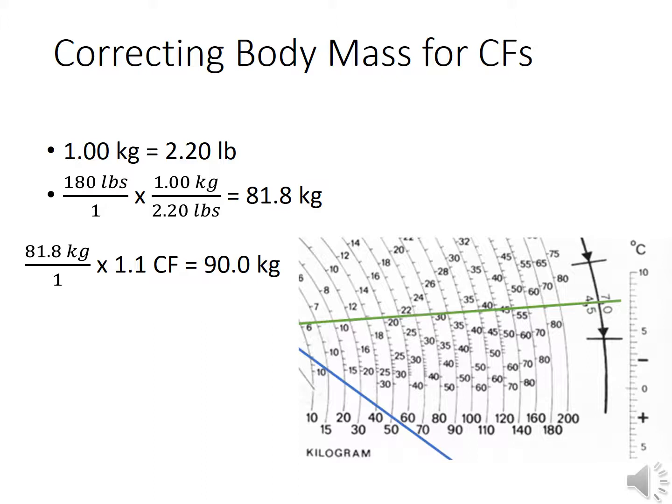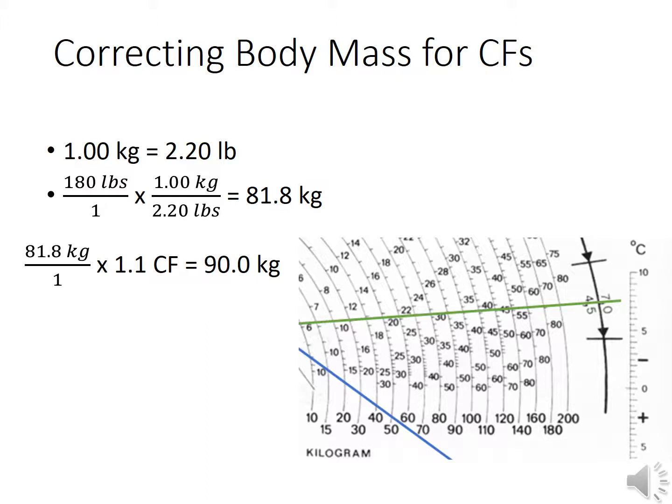And so we see in this case, we end up with 90 kilograms, and we would have been wrong to round down to the 80 kilogram arc when we got that body mass of 81.8, because as we saw, if you look at that 80 arc, that's really just about 29 hours, and then some change. Instead, if we move just to the 90 arc, look at that, we're at roughly 33 hours.